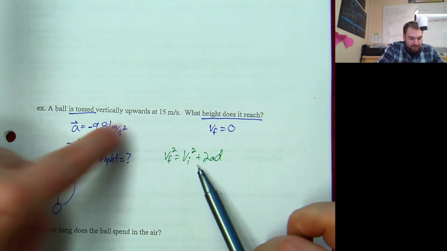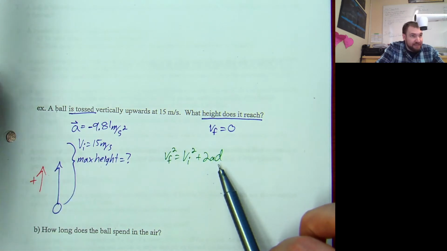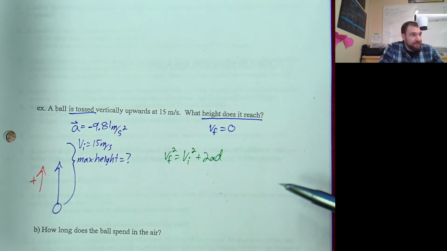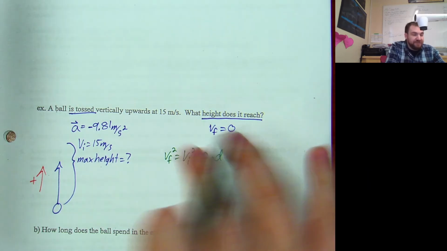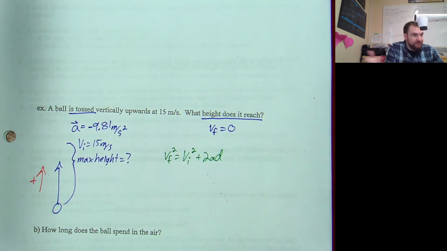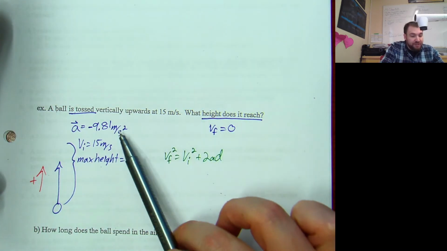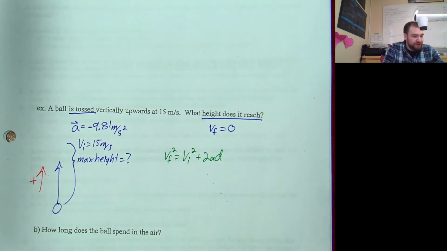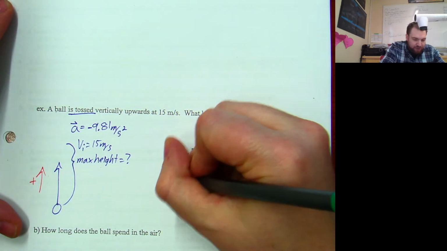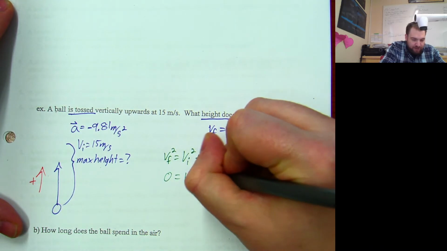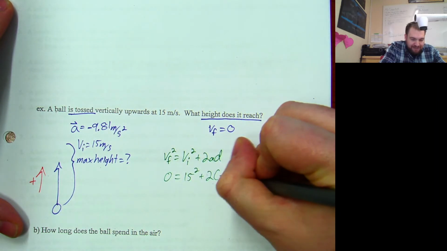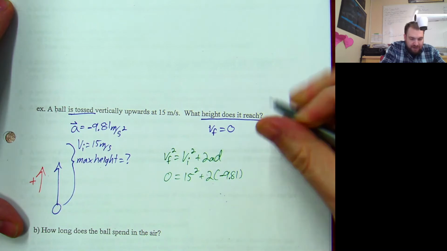VF, VI, A, and the max height is that D value that I'm looking for. This is the kinematic equation we're going to use. Once we've set it up, we write down our equation, we fill in the values, and we solve it. The units all work, so I don't have to do any conversions. So I'm going to get 0 equals 15 squared plus 2 times negative 9.81 times D.